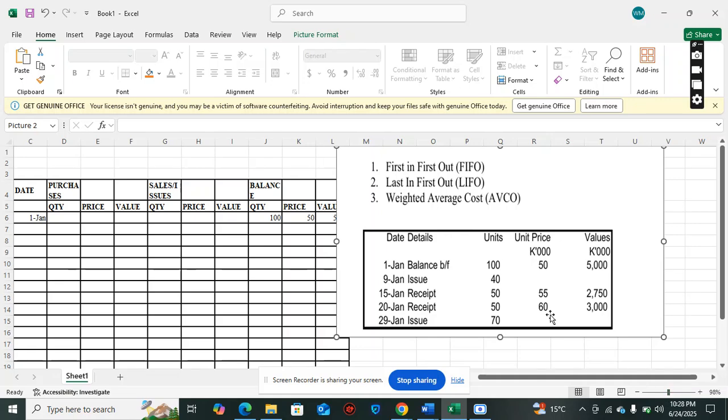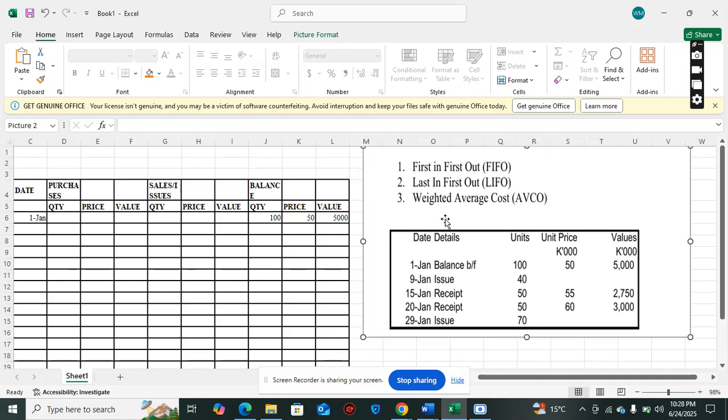Then we go to our next transaction. On 9th January, we issued 40 units. One thing you must remember: the goods that are issued or sold are valued at cost price. The reason is that when you value them at cost price, you'll be able to get your cost of goods sold easily.